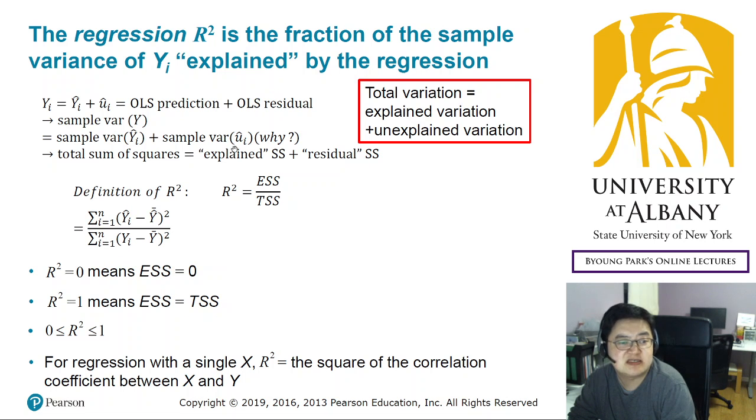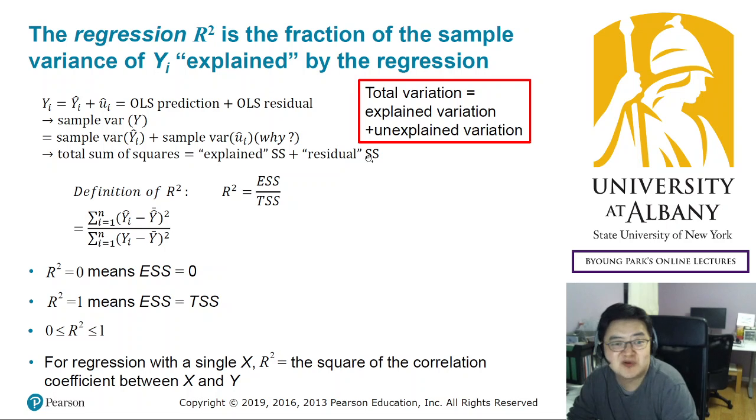So TSS, ESS, RSS are the typical names for them, but annoyingly there are equally commonly used different names. In some books the total sum of squares is denoted as SST, and sometimes the explained sum of squares is referred to as the regression sum of squares, and the residual sum of squares is referred to as the sum of squared errors.